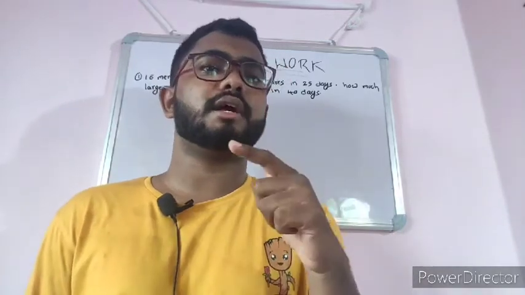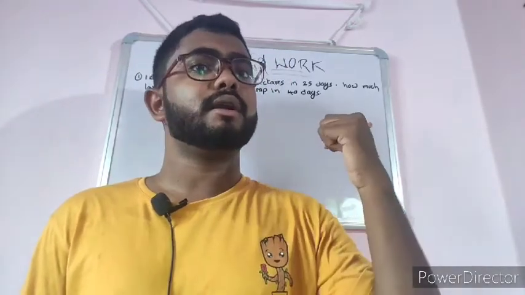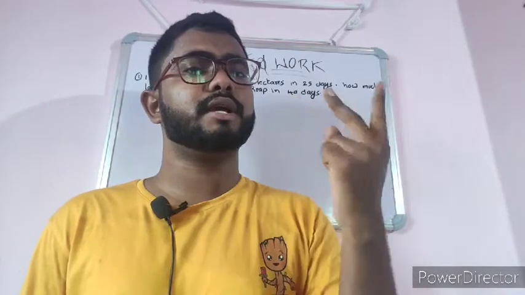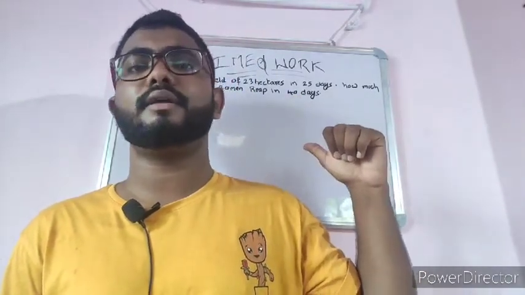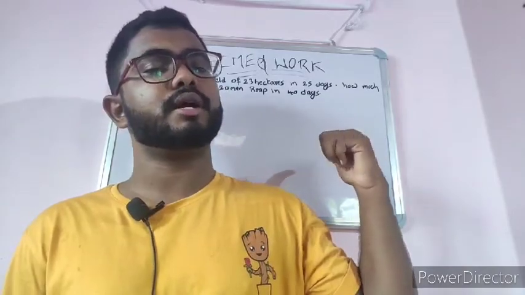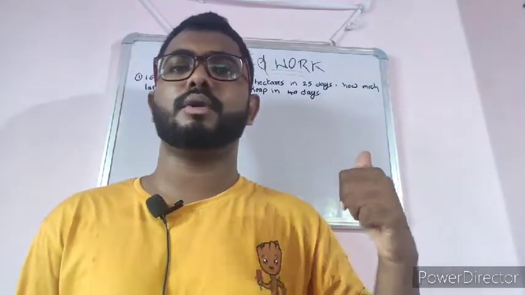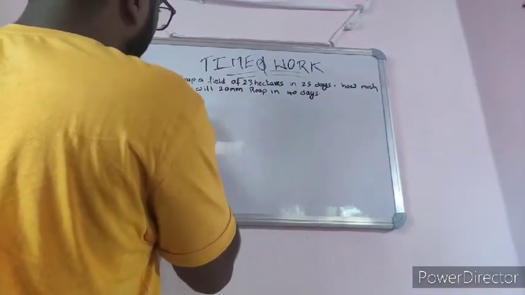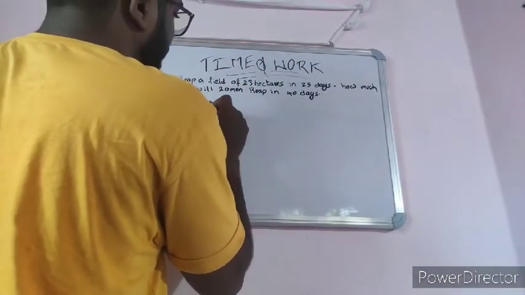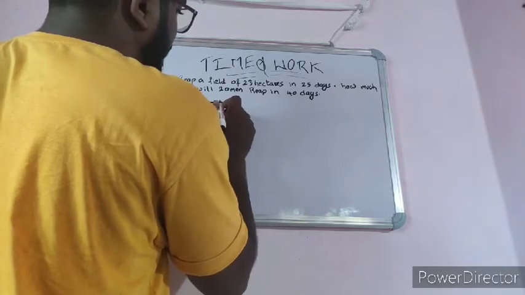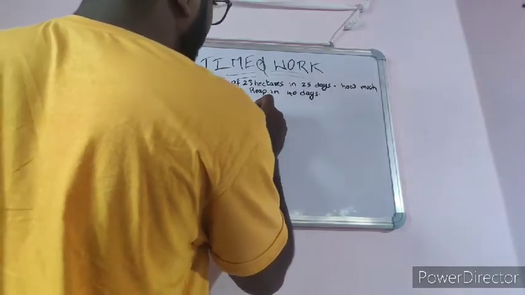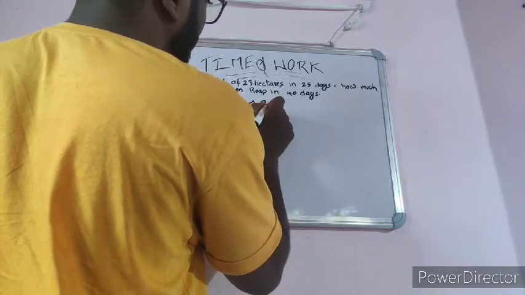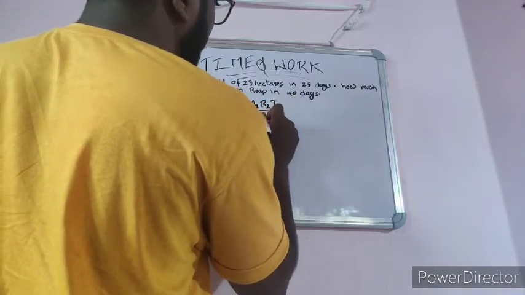As I've previously said, K1 is equal to K2 only when the work is same. So what is the work here? Reaping a field. In both the conditions the work is same, so you can use that formula. Firstly, let me take M1 R1 T1 by W1 is equal to M2 R2 T2 by W2.